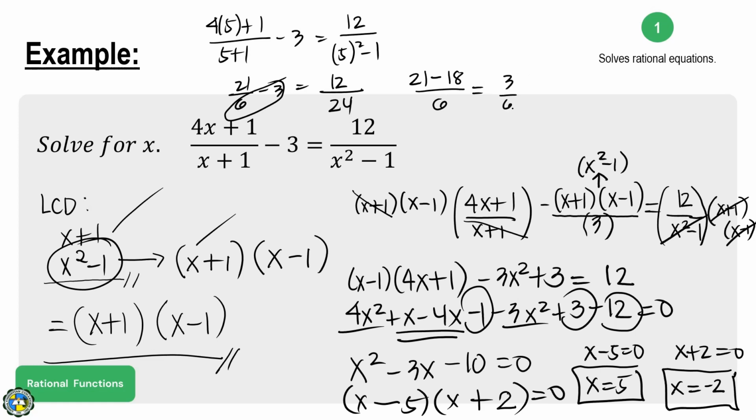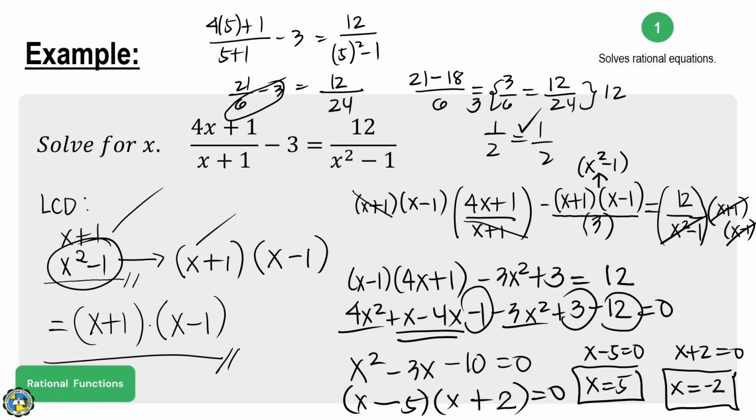Tama po ba? Okay. We have 12 over 24. So, since hindi pa sila equal, therefore, we have to lowest term this expression. So, divisible sila both by 3. Ito, divisible by 12. So, this will be 1/2 equals 1/2. So, correct po, no? Nasatisfy naman ni value 5 yung ating given equation.